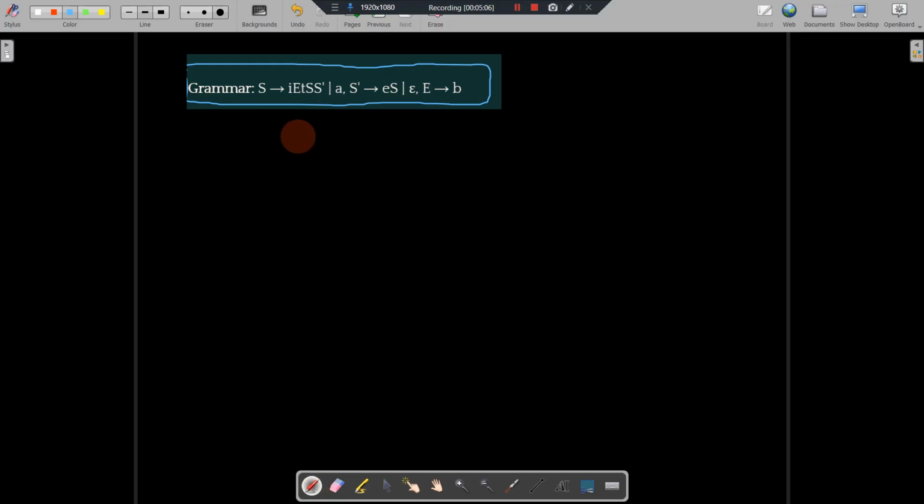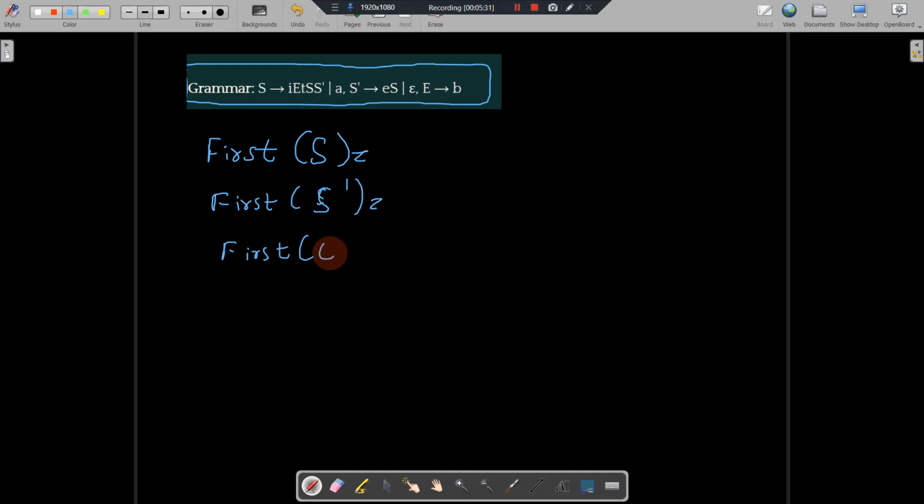We have to make the parse table, so first of all we will calculate the first sets of the non-terminals: first of S, first of S dash, first of E. First of S is small i and small a, right?